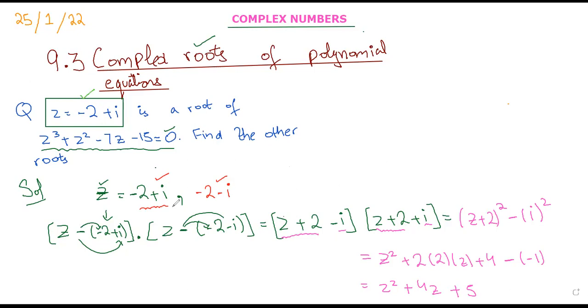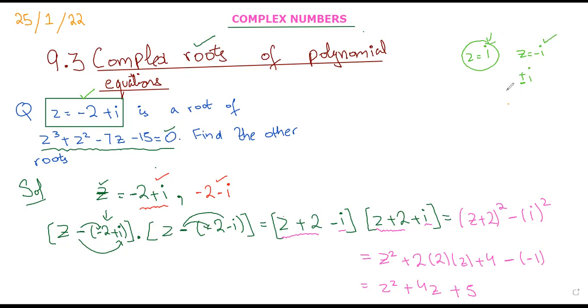And in the last part of the previous example, I told you that whenever you have z equals iota as your root, it is certain that z equals minus iota would also be your root. You got plus minus iota because the conjugate of this complex number is this complex number, right?